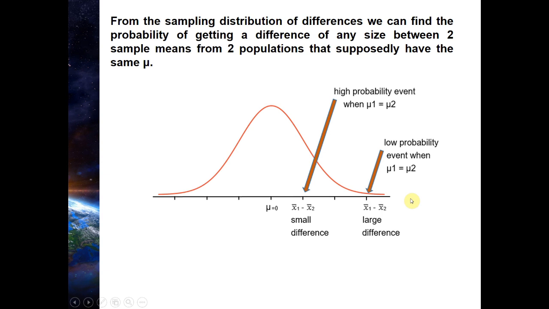Now, in this chapter, we are not going to learn about a specific inferential test. That's going to come later, okay? But understanding this forms the basis for understanding inferential statistics.